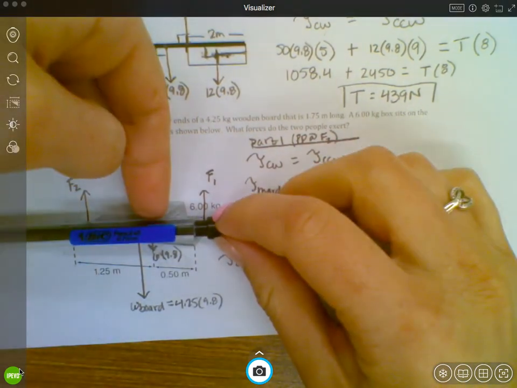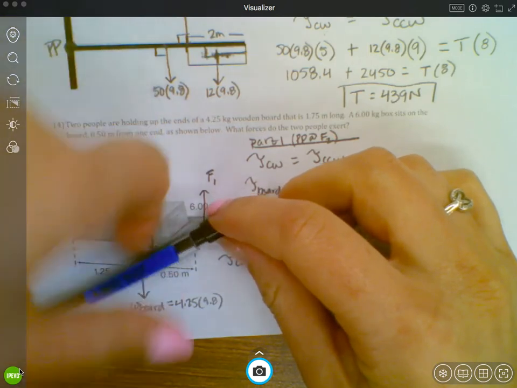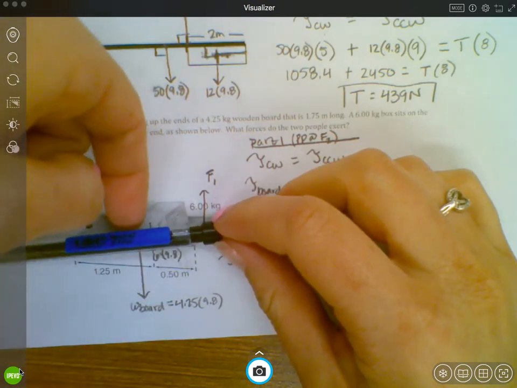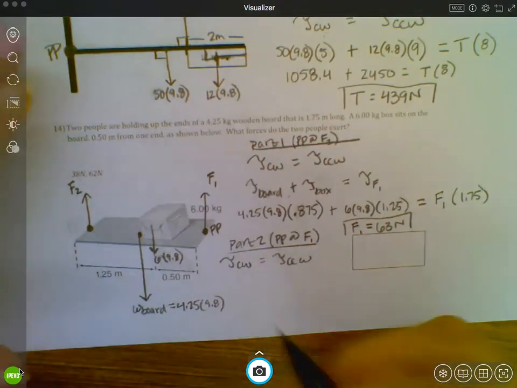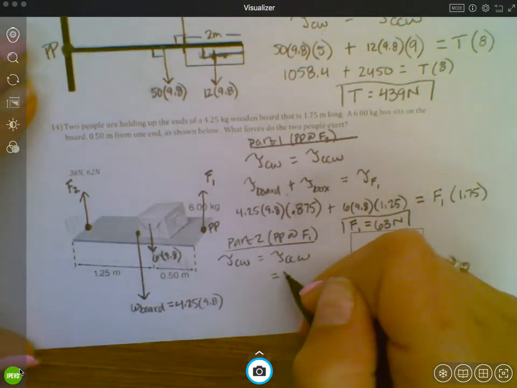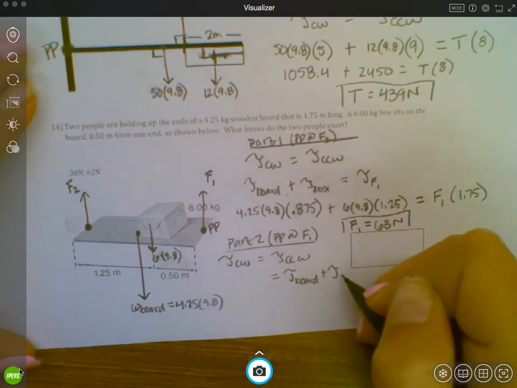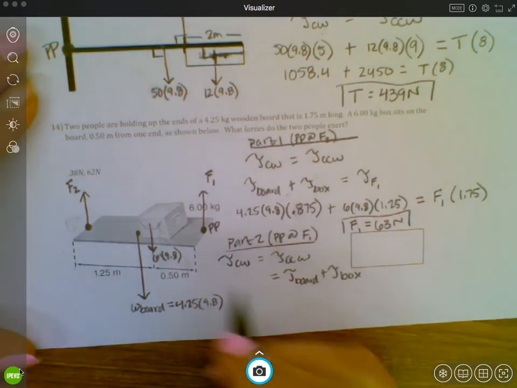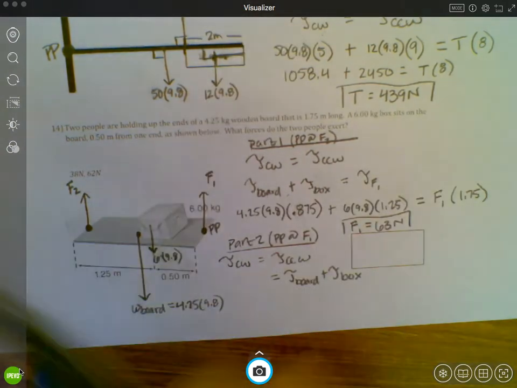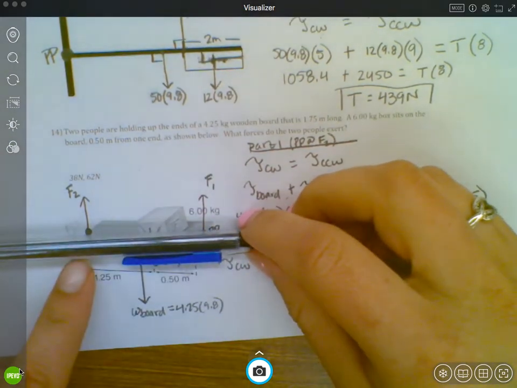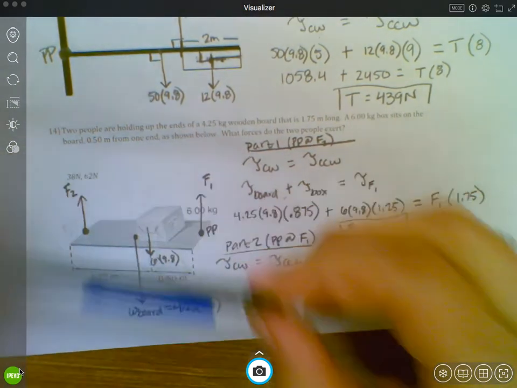So these downward forces, counterclockwise. Other one, counterclockwise. So the torque of the board and the torque of the box are both counterclockwise. And the torque of this F2 is clockwise.